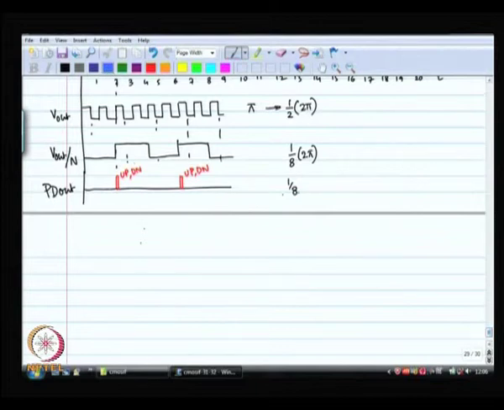So, if I now look at V control, it is going to see a little glitch over here because of a little bit of charge accumulation on the capacitor.